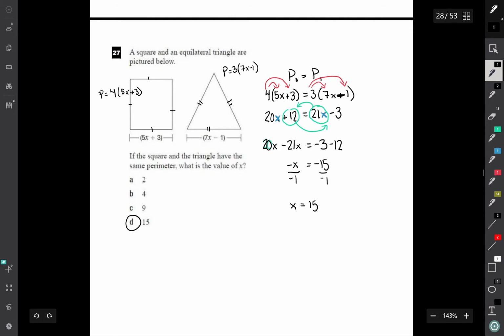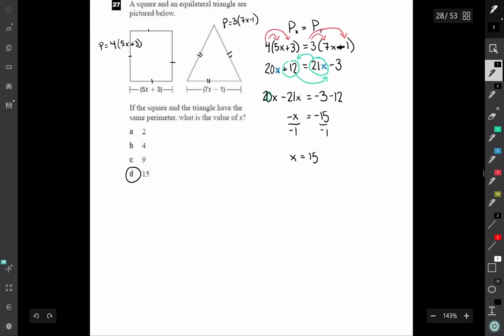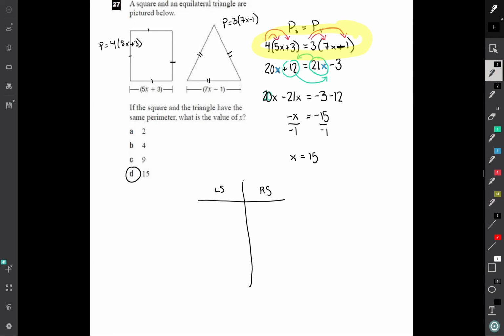With something like this, here's a case where a left side, right side check is a great way to see if you have the right answer. So again, we just set up a table, left side, right side. We start with the original equation, and then we substitute in what we think is the right answer.